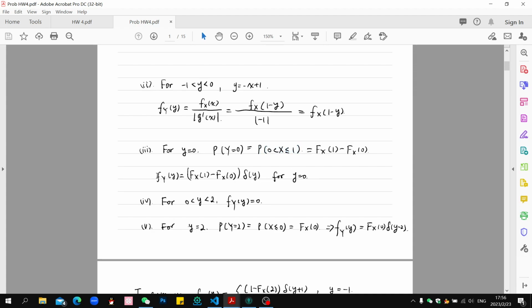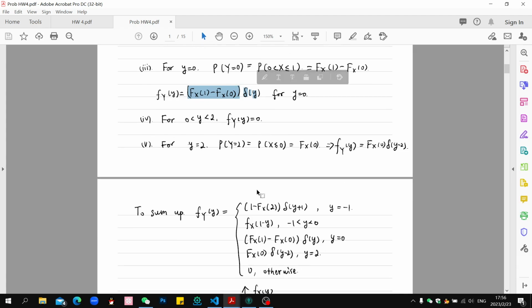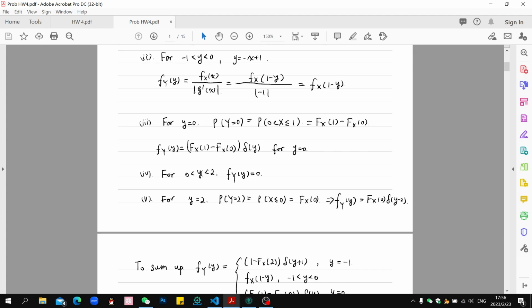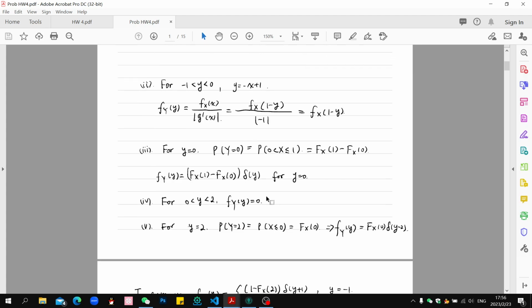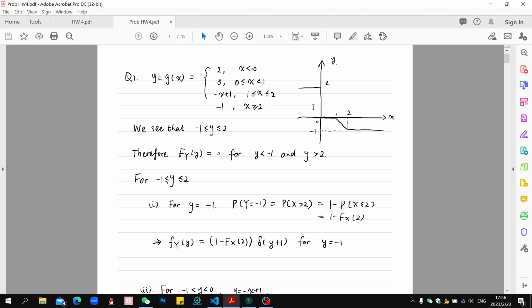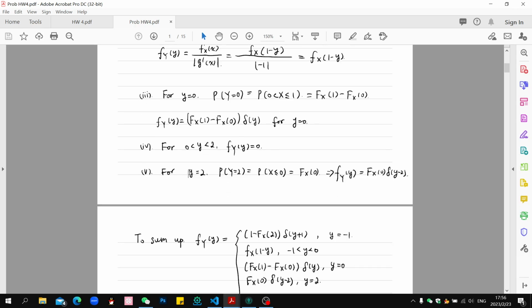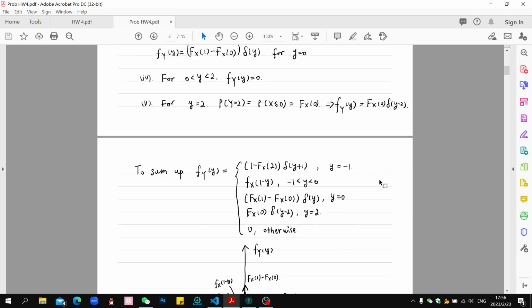So the fy for y equals 0 is this. For y between 0 and 2, small fy is 0, because there's no valid value between 0 and 2. And for y equals 2, we can find it in a similar way.